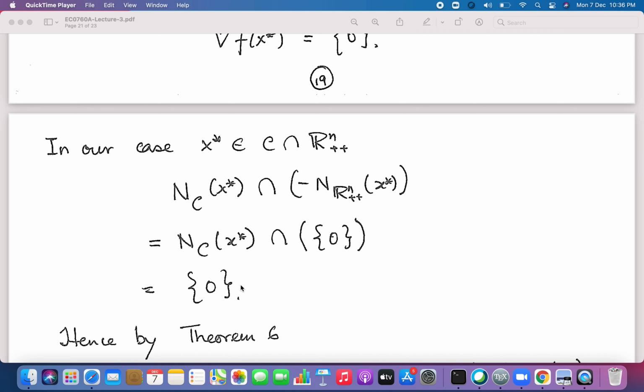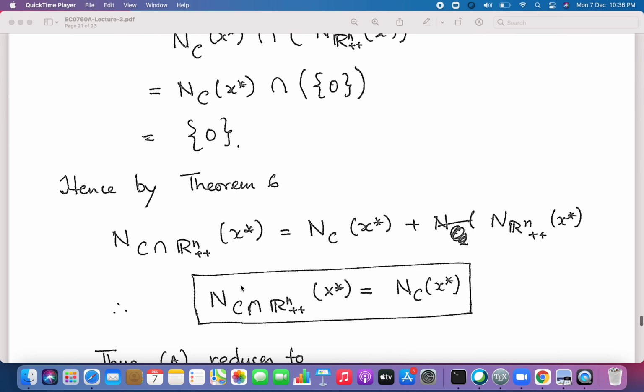So the qualification condition holds, and by what we have learned by theorem 6, this intersection is nothing but NC x star plus N of R^n plus plus at x star. But N of R^n plus plus at x star is again 0. So the normal cone to this intersection at x star is the same as the normal cone to C at x star.